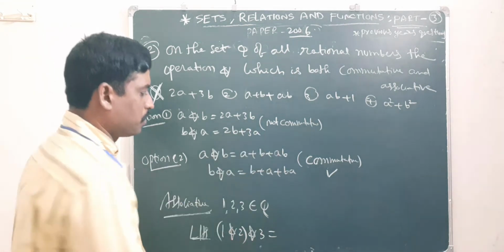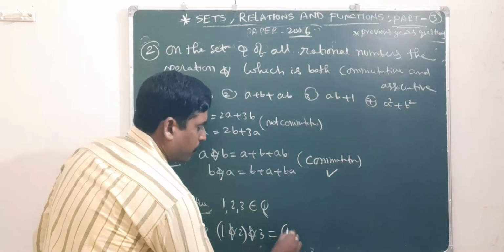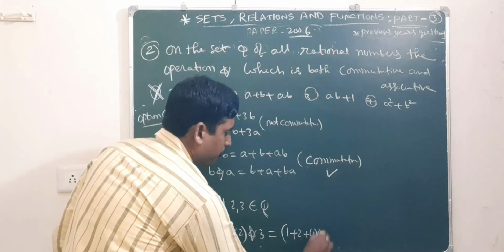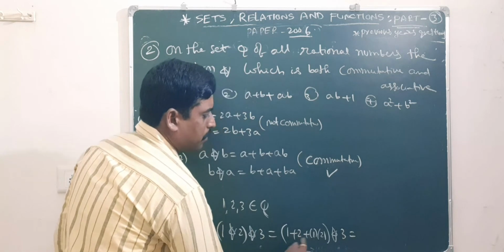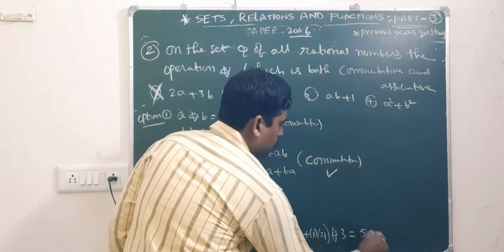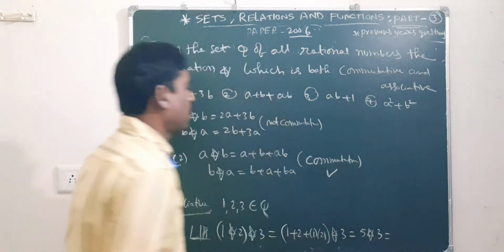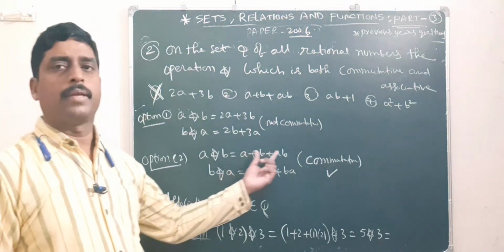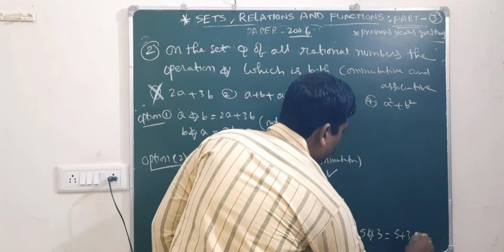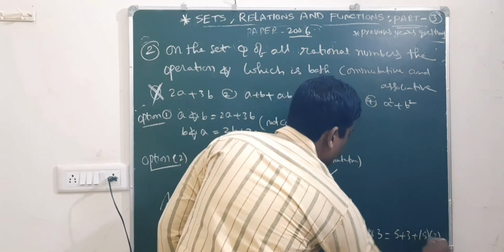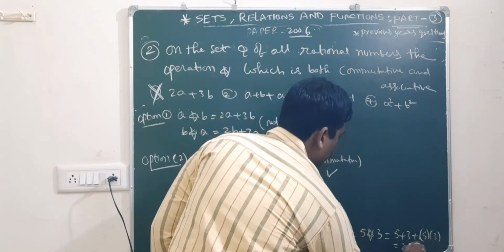So 1 star 2 is 1 plus 2 plus 1 into 2, which is 5. Then 5 star 3 is 5 plus 3 plus 5 into 3. This will be total 23.